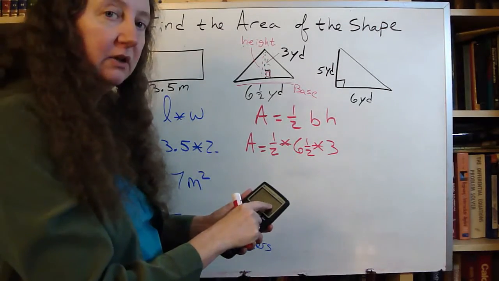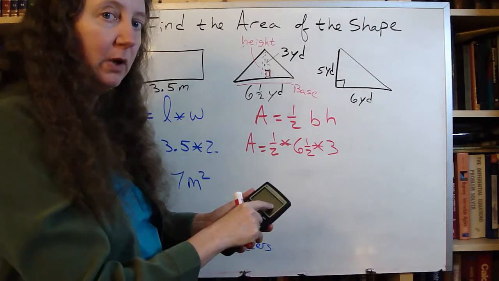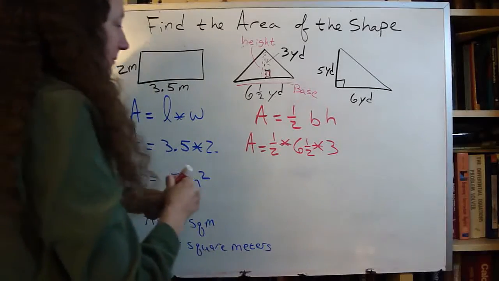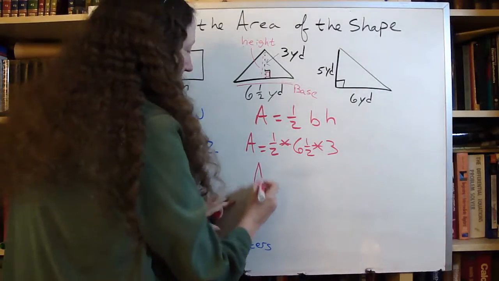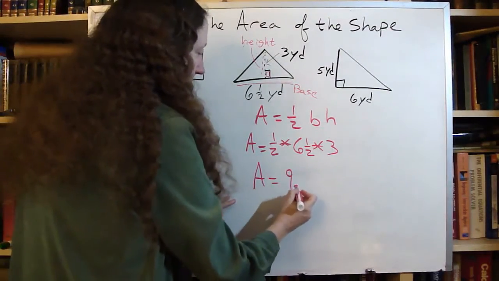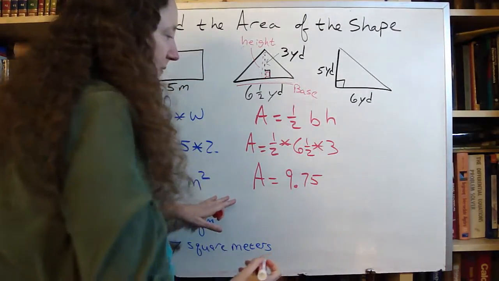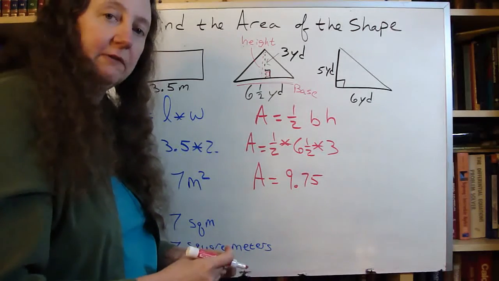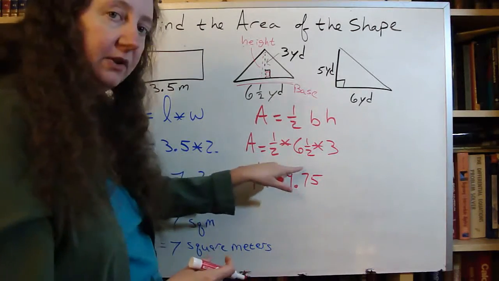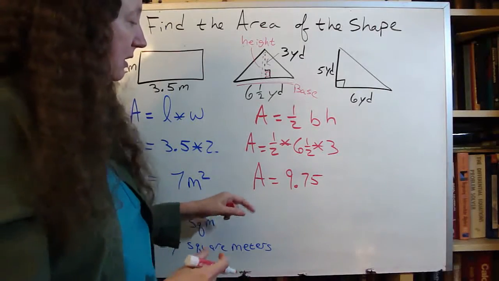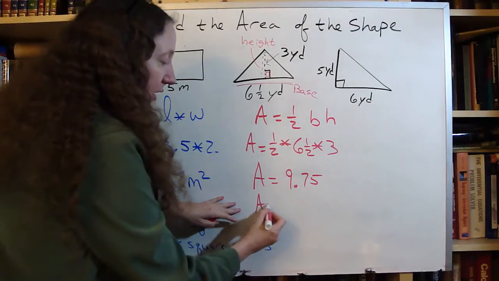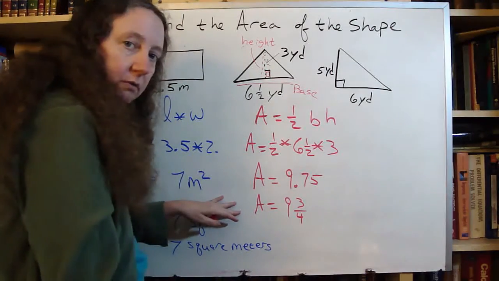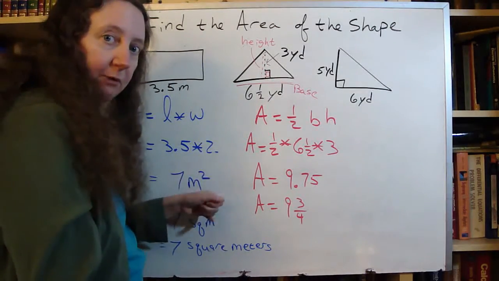The calculator is telling me that the answer is 9.75. If you have a calculator that has the fraction button on it, you type these in as fractions, and you will get the answer. Area is 9 3/4. Those are both the same thing.